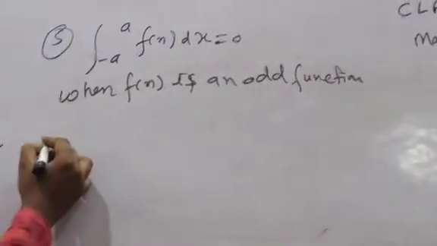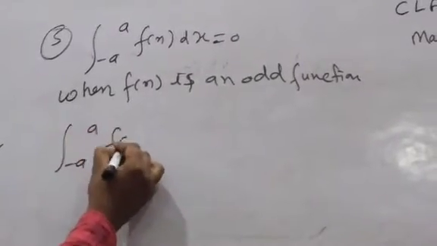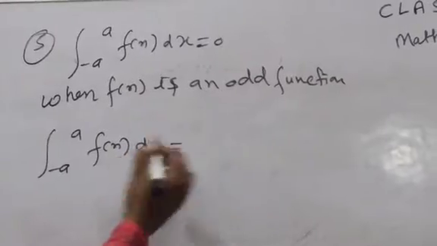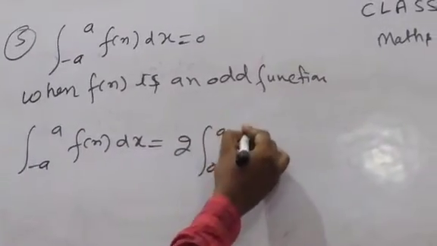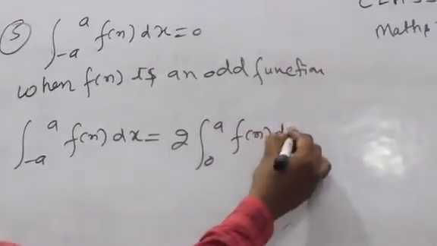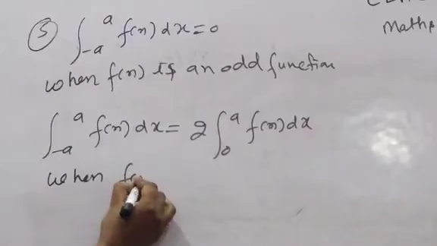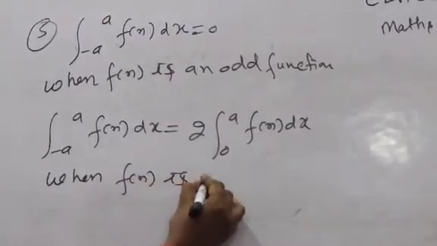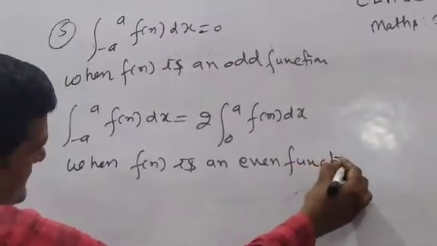And integral minus a to a of f(x) dx is equal to 2 times integral 0 to a of f(x) dx when f(x) is an even function.